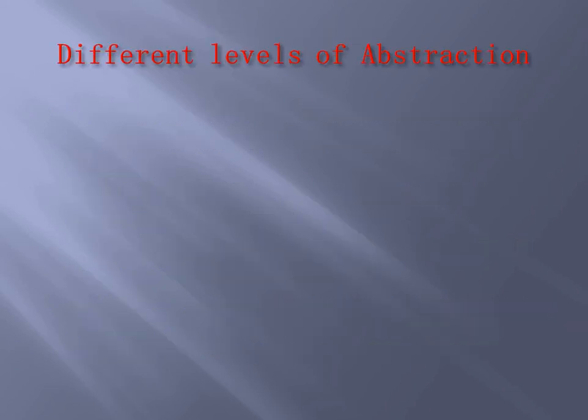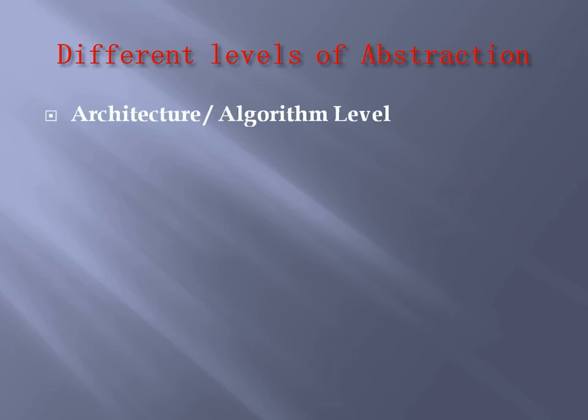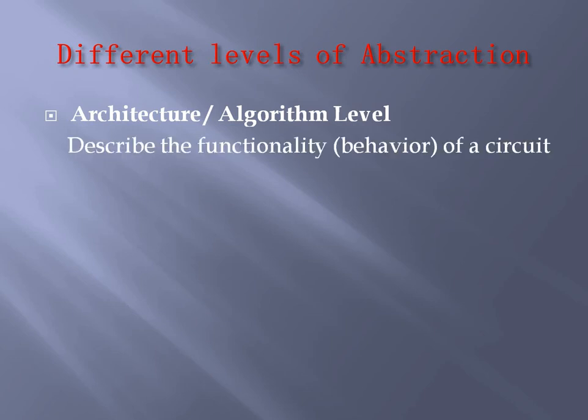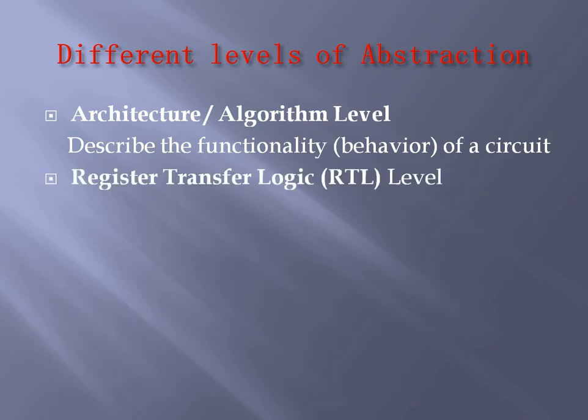Now what are the different levels of abstraction, which we call the modeling styles, for writing an HDL? Let's see one by one. First is the architecture or algorithm level, which describes the functionality or behavior of a circuit, just describing the internal behavior of a circuit.